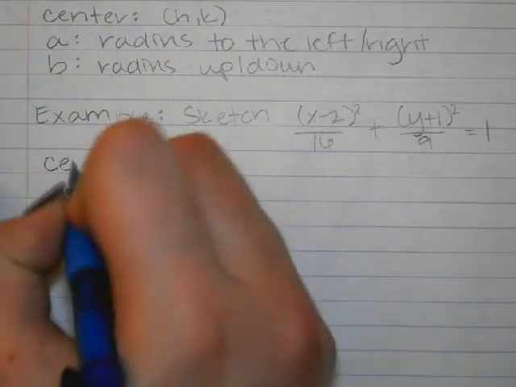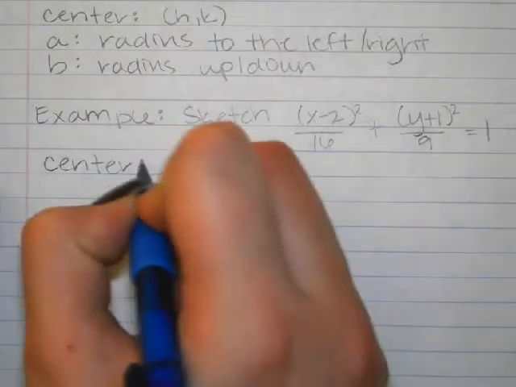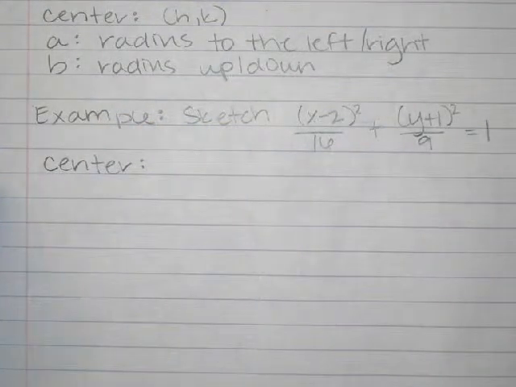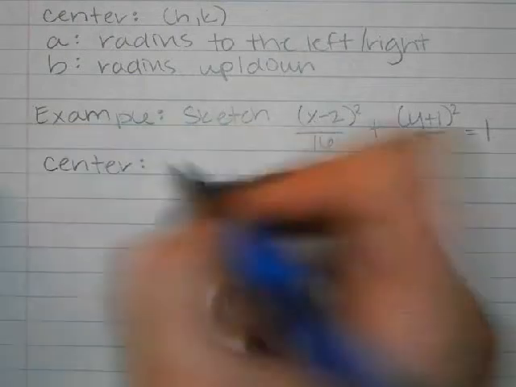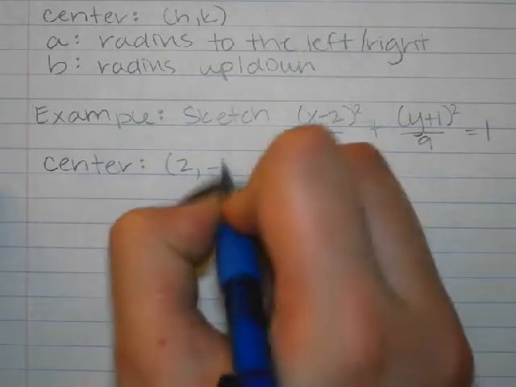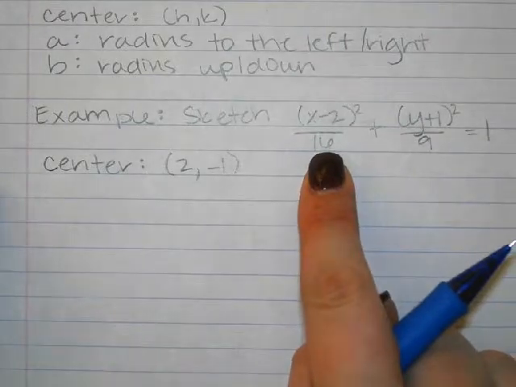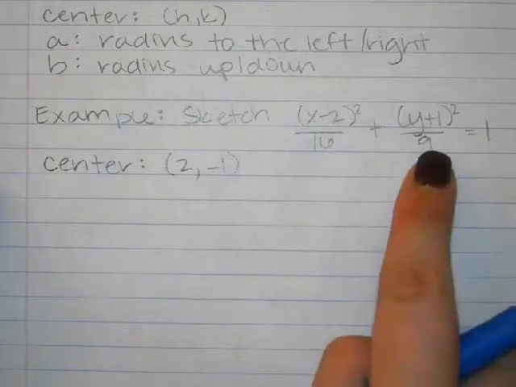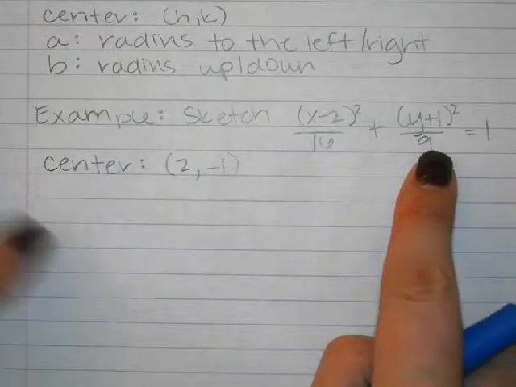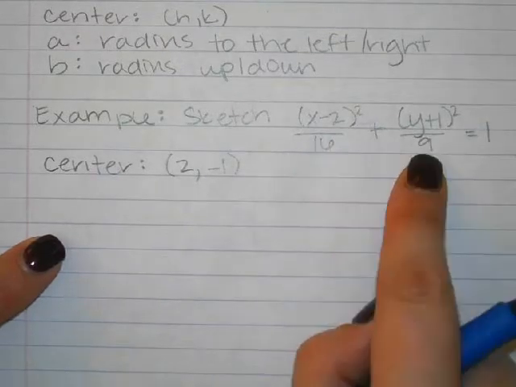So the center of the ellipse would be what? 2, -1. And from that center, we're going to go left and right 4, and up and down 3. Okay, left and right 4, up and down 3.